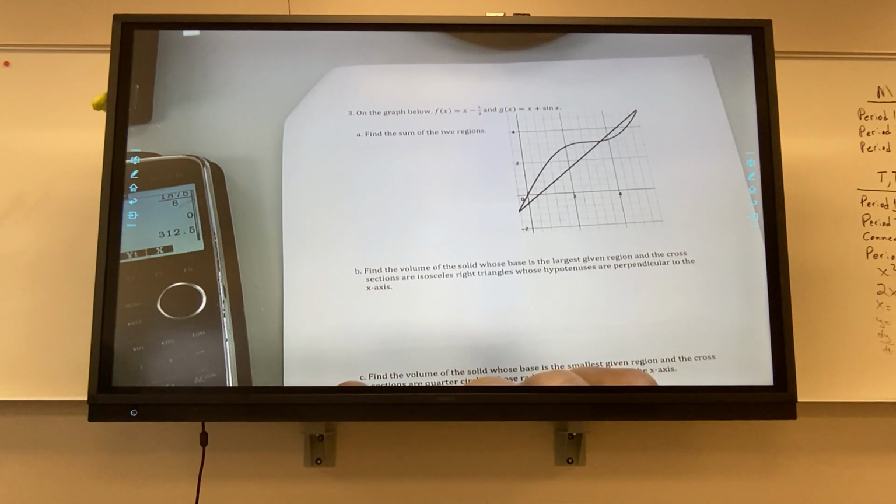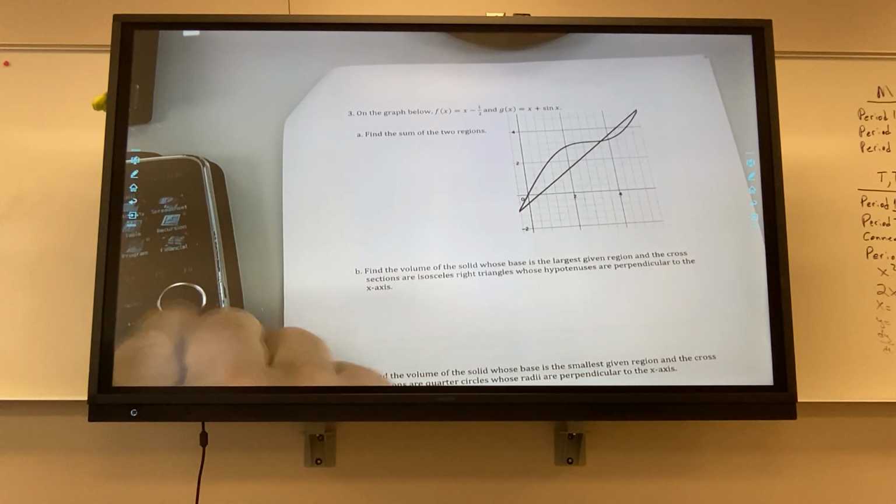All right, so we got the sum of 2 regions, 312. And so I use this particular one, and there's a couple things I wanted to show you on this one. Some computer techniques. Again, this would be a calculator one.